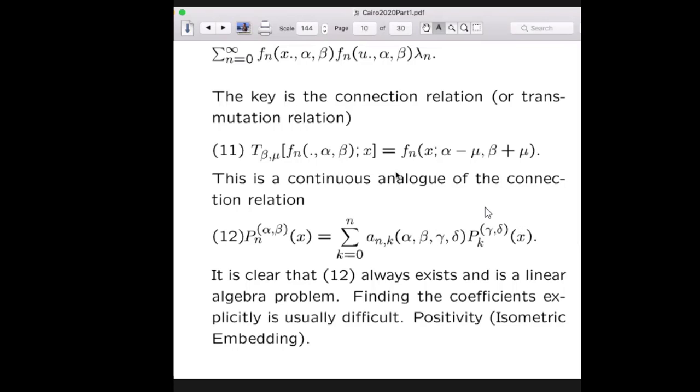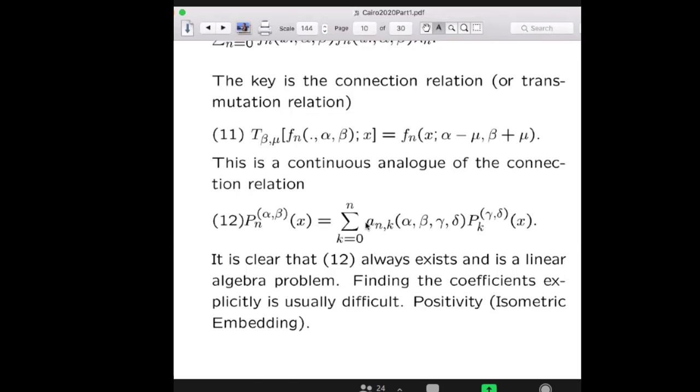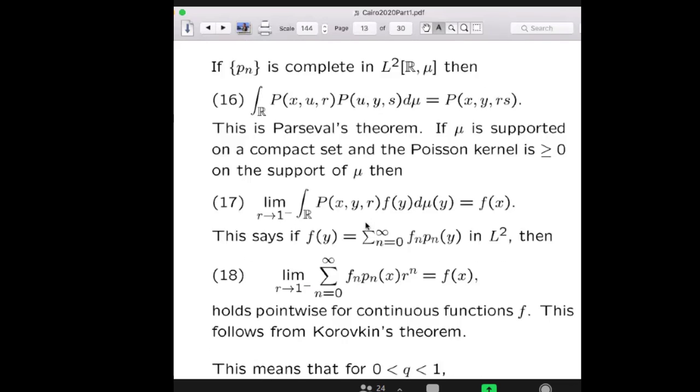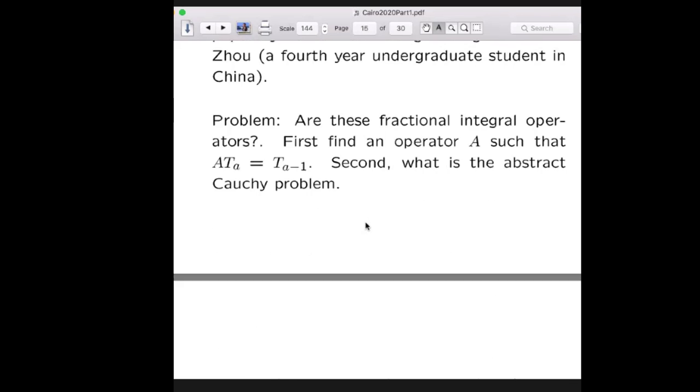Okay, so here n is the same, but you're integrating over the variable, and the kernel has the other variable x, and the answer is the polynomial at x, but different parameters. So these are called connection relations or transmutation relations. And these are not known for the Askey-Wilson polynomials, for example.